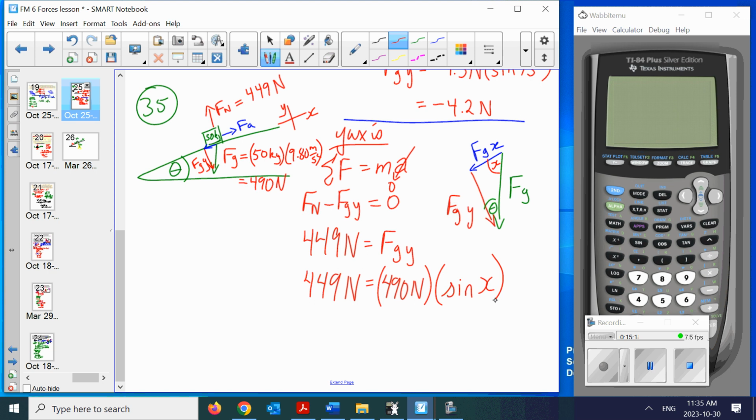You can solve for the sine of x, the inverse of the function, find the x angle, then subtract from 90 to find the angle theta that I have labeled in green. It'll come out to be 23.7 with the rounding that I used. I'm going to leave you with that. You should be able to work it from there. It's no longer a physics problem now. It's just an algebra trig problem. 23.7.